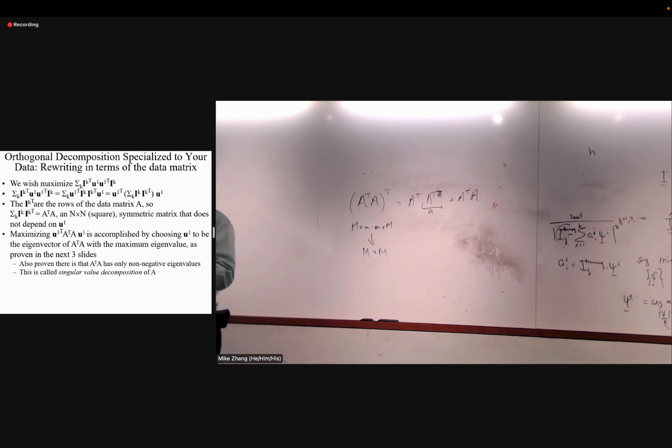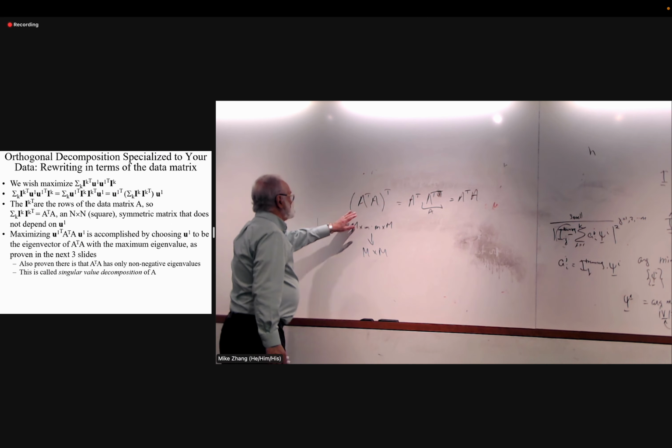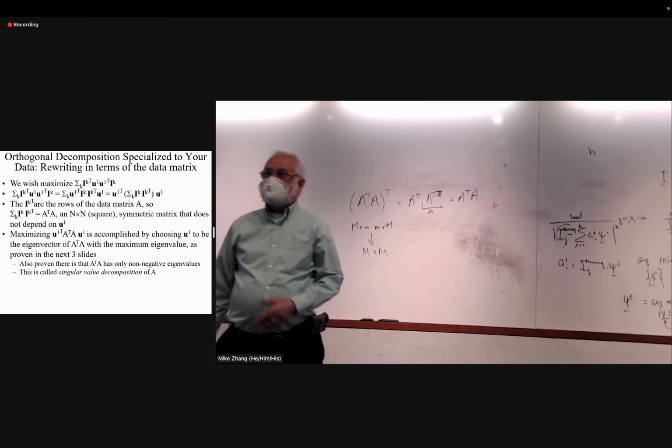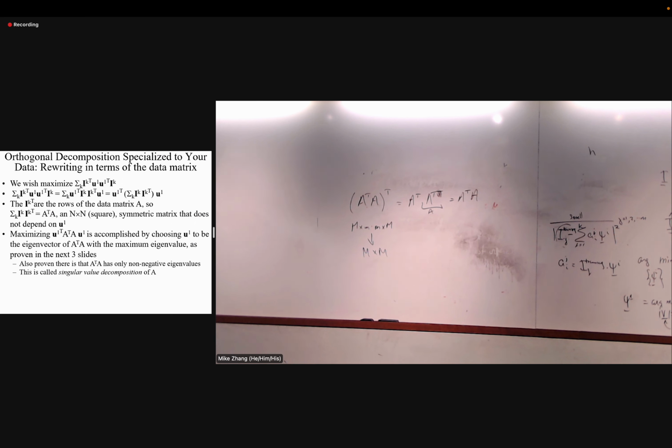But it's a symmetric matrix, a big symmetric matrix. And what we're going to be first showing is that the eigenvector of that big matrix, which itself is going to be an image, the one with the biggest eigenvalue, is going to be what our psi_1 should be, what our very first basis image should be, the one that carries the biggest part of the budget.